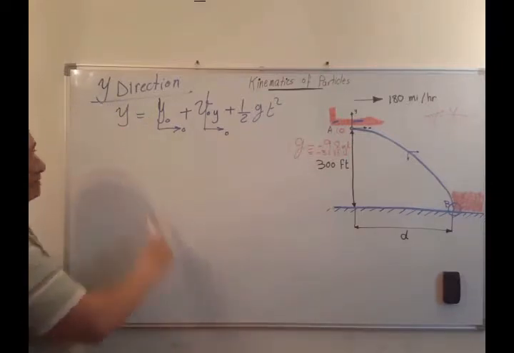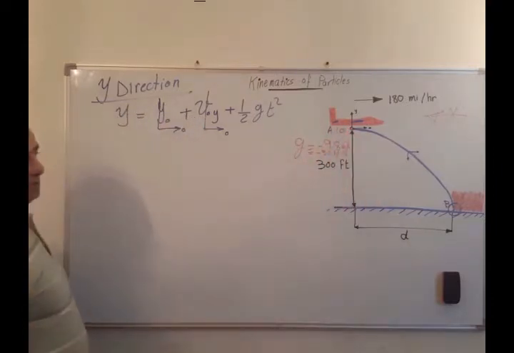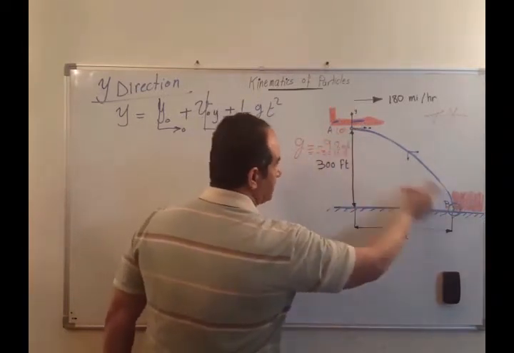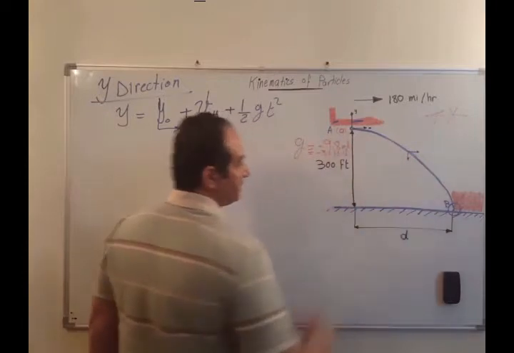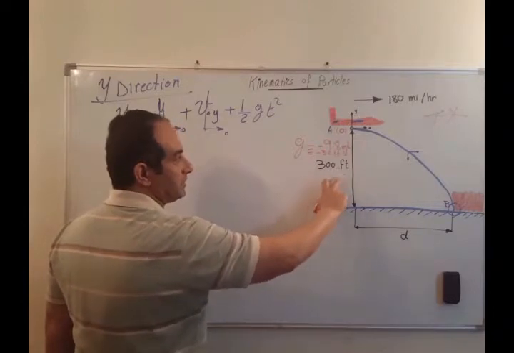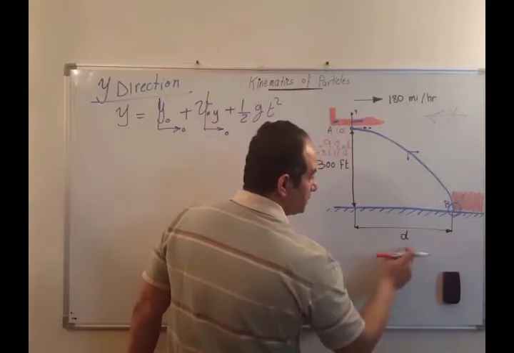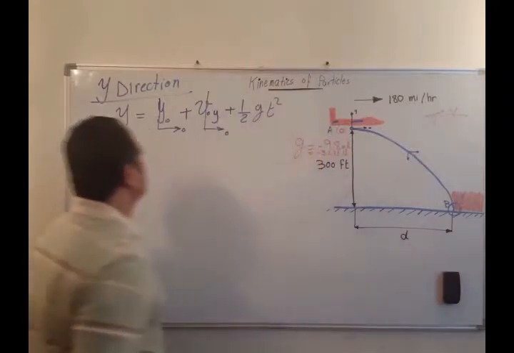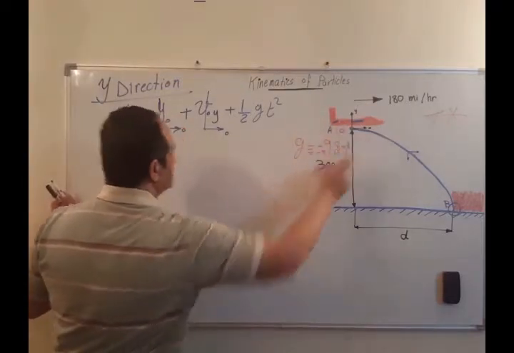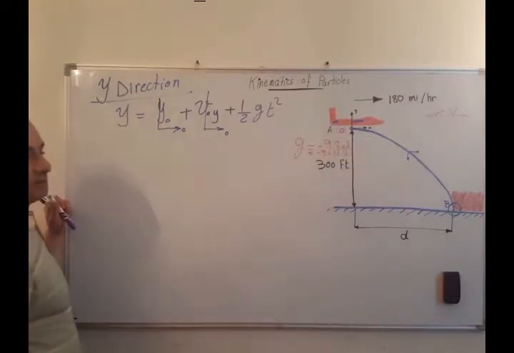Y represents the final altitude after the particle reaches point P from point A to point B. It falls 300 feet and covers distance d. According to our reference coordinate, this altitude will be in the negative area.